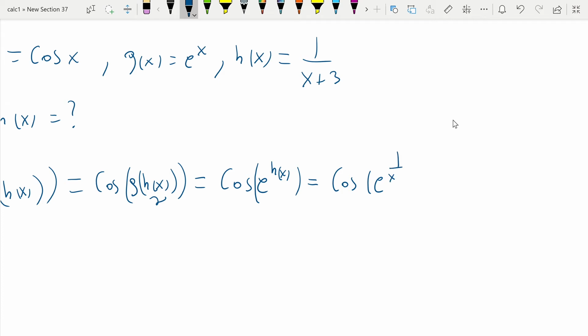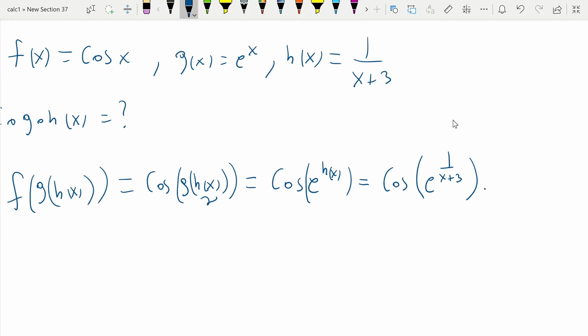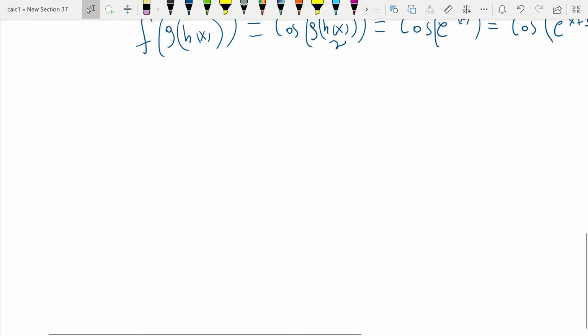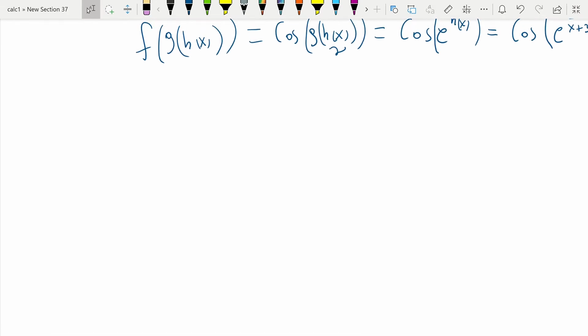So this will be e to the 1 over x plus 3, and this is our final answer.